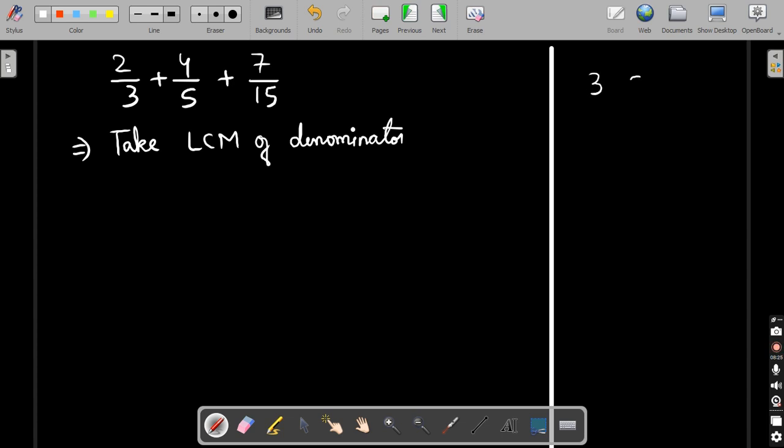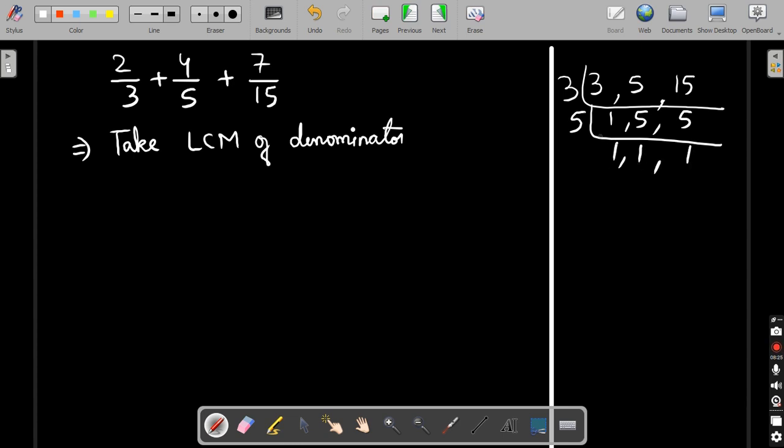So 3, 5, 15 LCM. 3 1s are 3, 5, and 3 5s are 15. After that 5, 1s are 1. Now what is the LCM, dear student? The LCM I got here is 3 into 5, 3 5s are 15. Now what will I do in the next step?